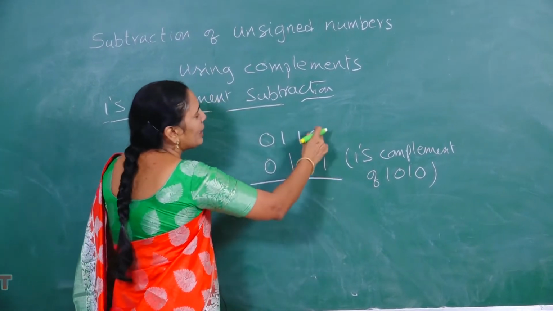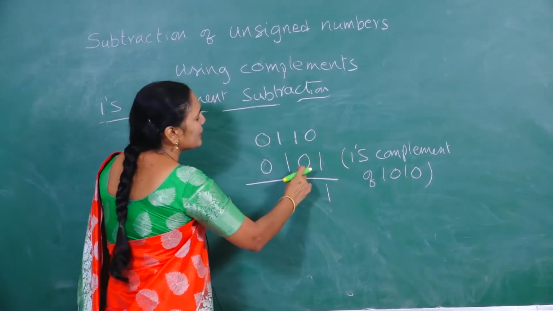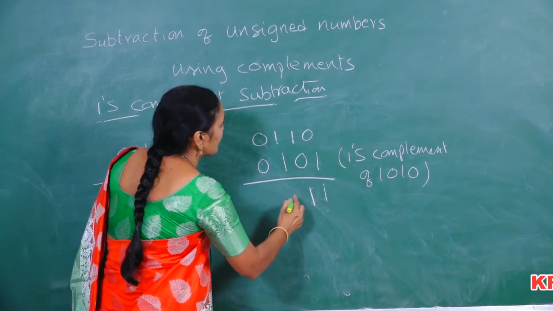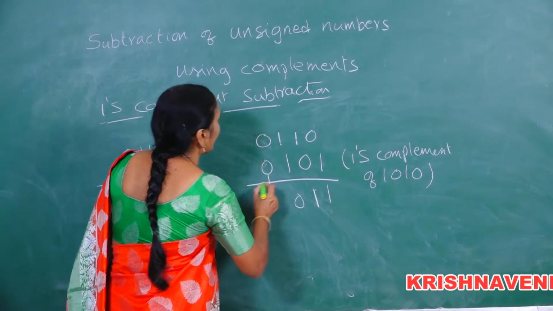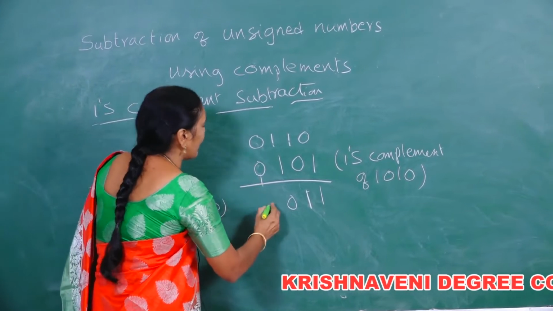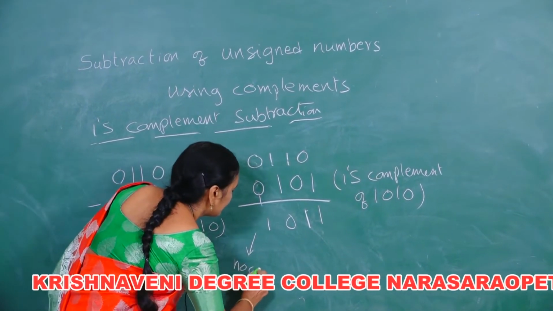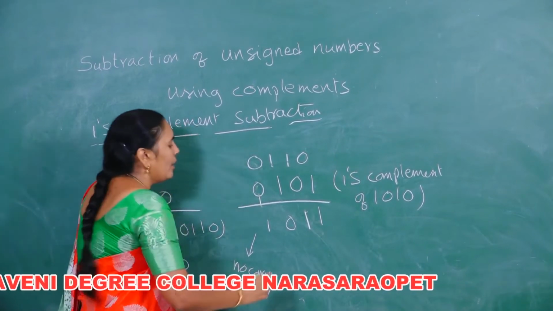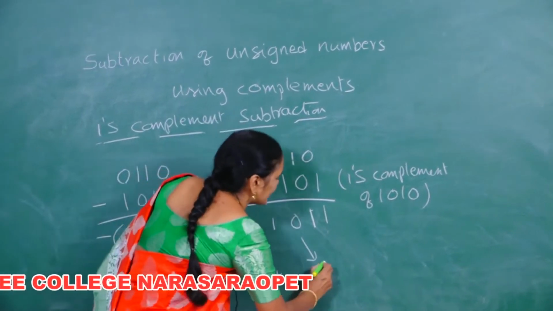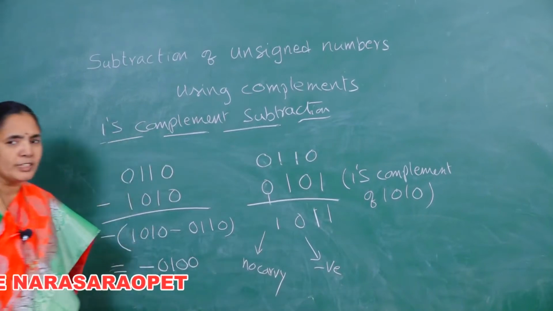Simply add this number. 0 plus 1 is 1, 1 plus 0 is 1, 1 plus 1 is 0 with a carry of 1, 0 plus 0 plus 1 is 1 and no carry, which indicates that the answer is negative.